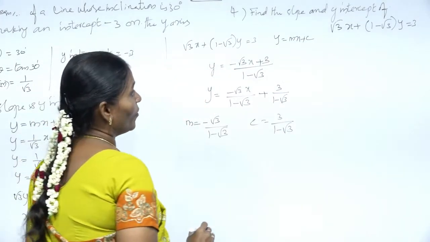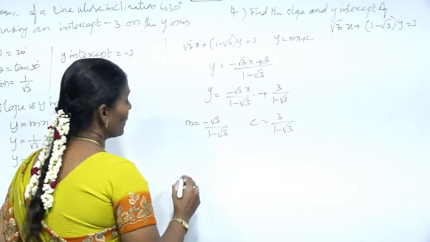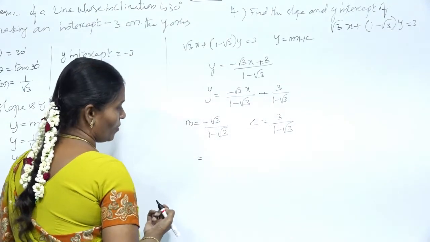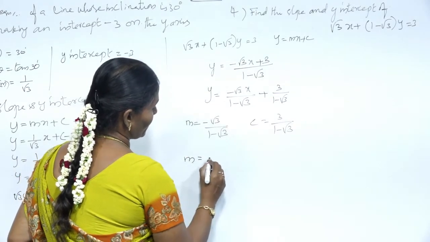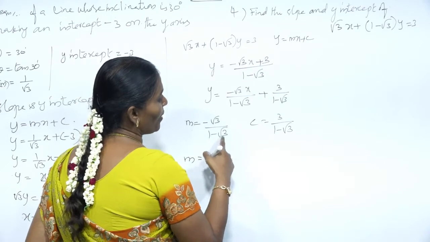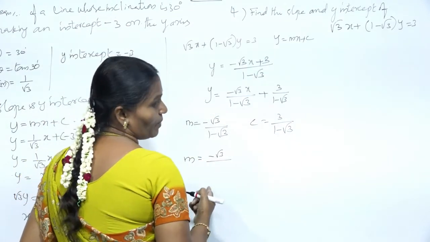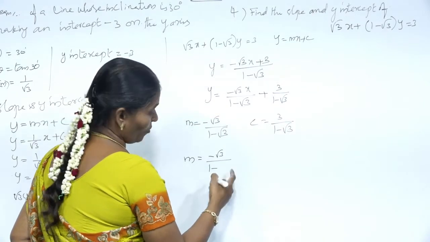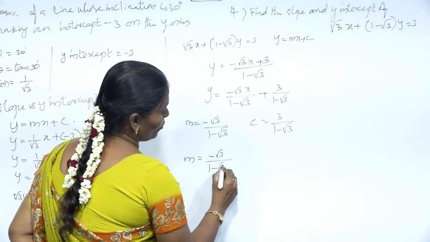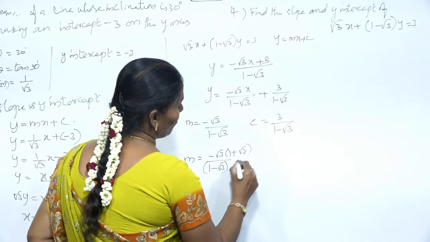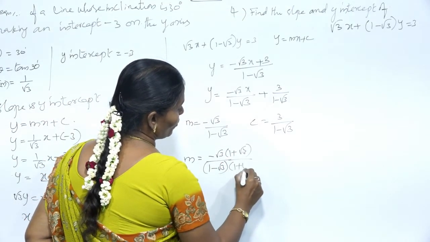Understand, children? Now do the conjugate multiplication. How do you do it? See, minus root 3 by the denominator 1 minus root 3. The conjugate multiplication means you multiply the opposite sign in the numerator and denominator. So we multiply numerator and denominator by 1 plus root 3.